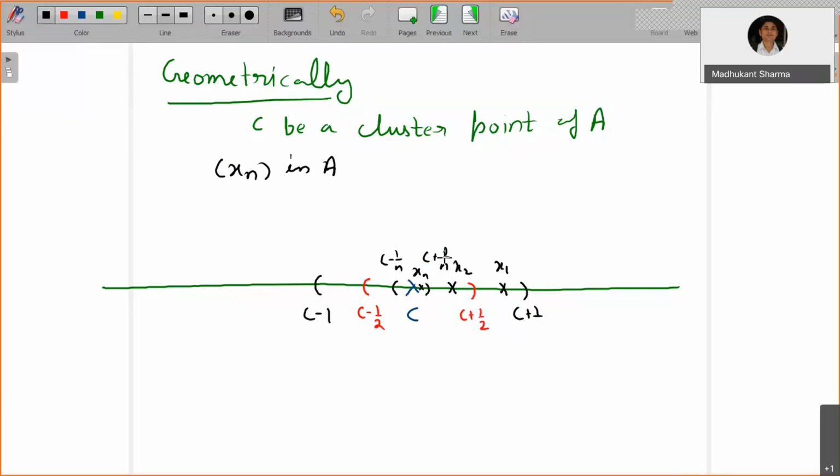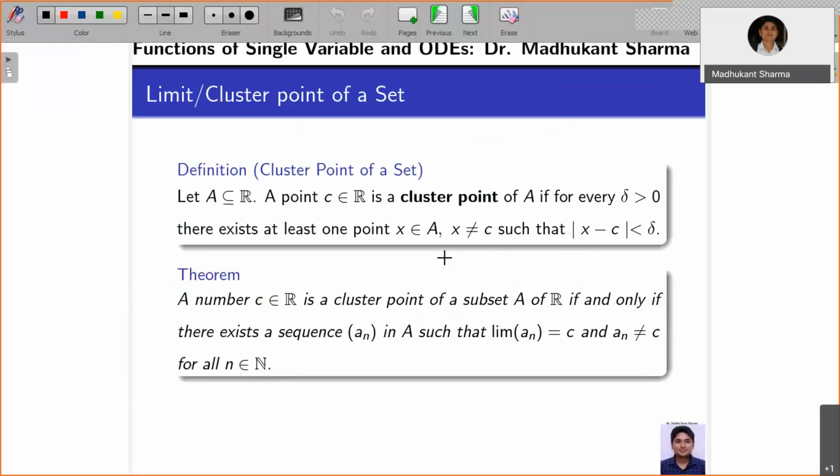Now, as told, this result says that a number C in R is a cluster point of a subset A of R if and only if there exists a sequence an in A such that the limit of an equals C and an is not equal to C for all n belonging to the natural numbers. For the converse, you can use a contradiction argument: suppose C is not a cluster point but you are able to identify such a sequence.